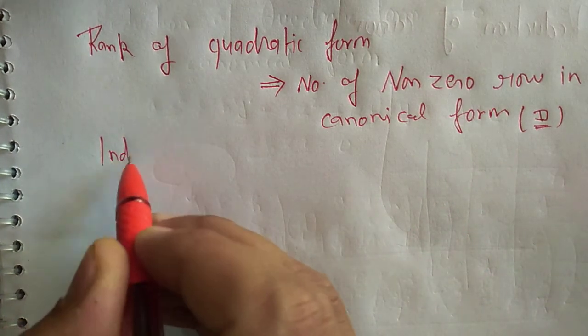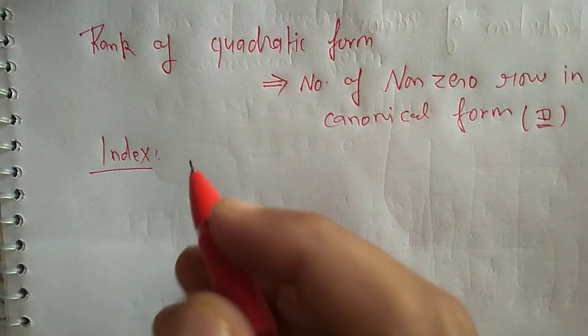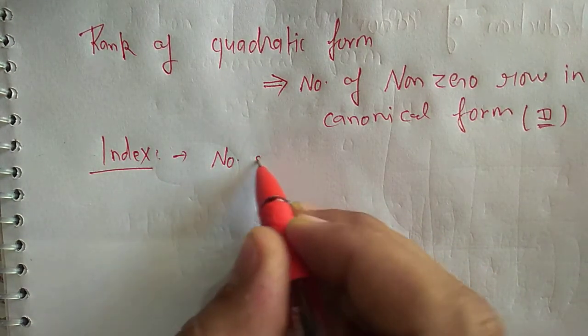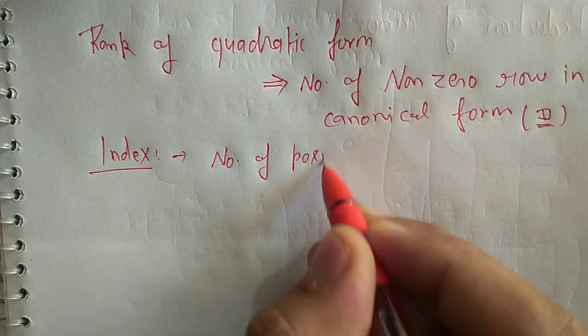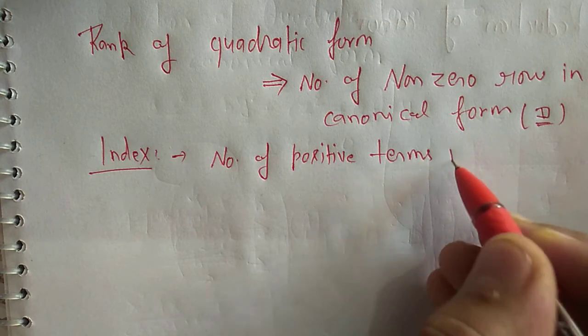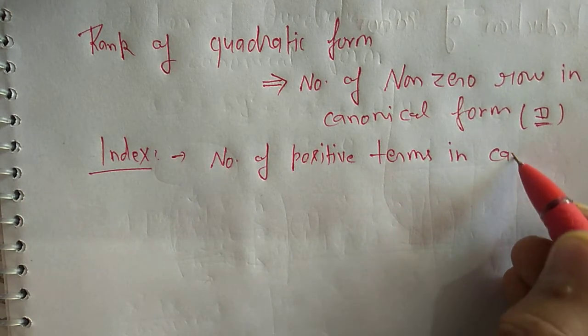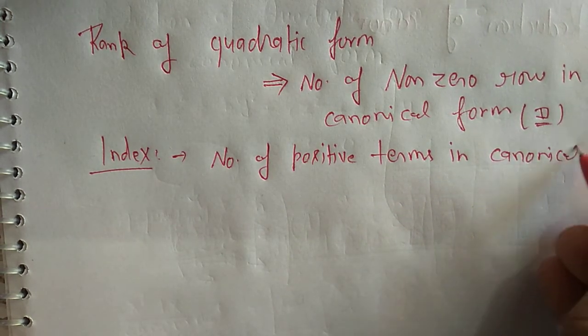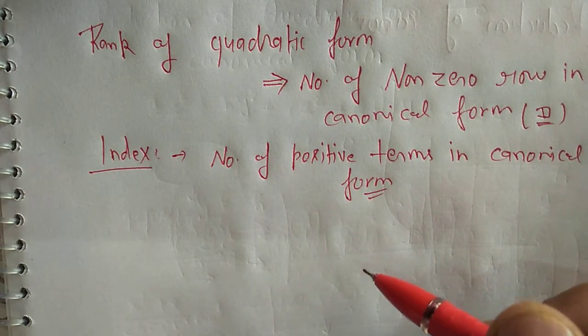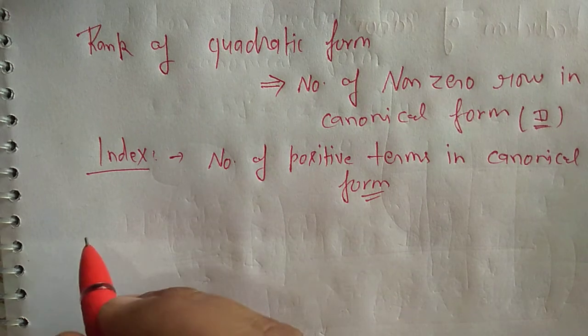The index is the number of positive terms in the canonical form, which means the number of positive eigenvalues.